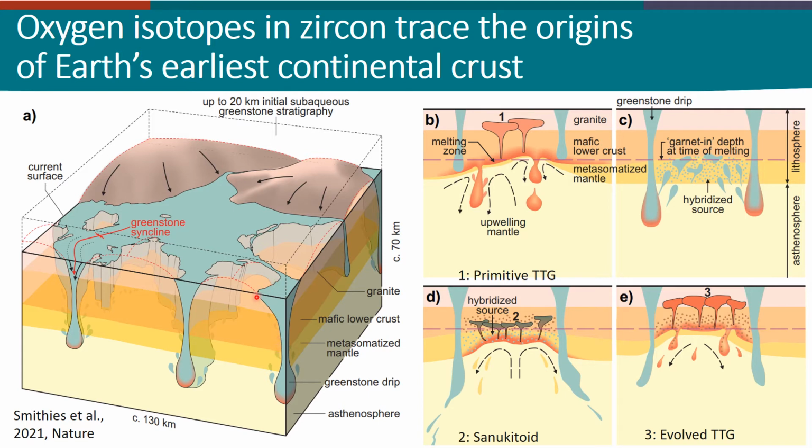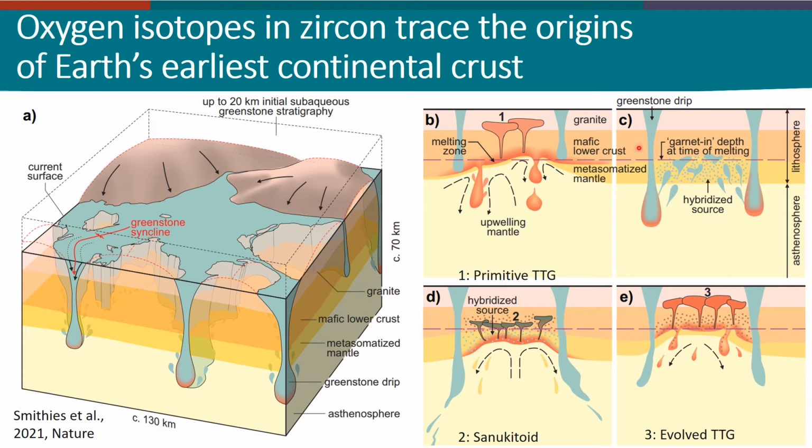This panel depicts continuous gravity-driven dripping of greenstone with heavy oxygen values through the entire crustal column and into the mantle. During periods of lithospheric extension and dripping, primitive TTG formed through melting of Archean mafic lower crust that was already at least locally hydrated by mantle-derived water.